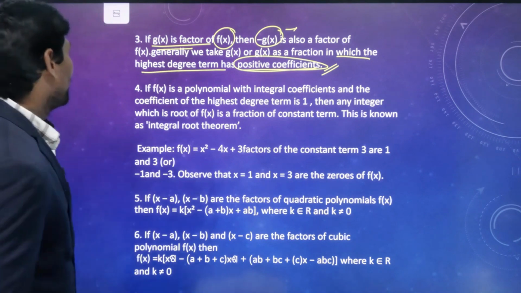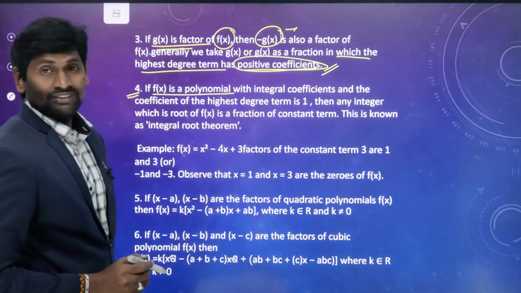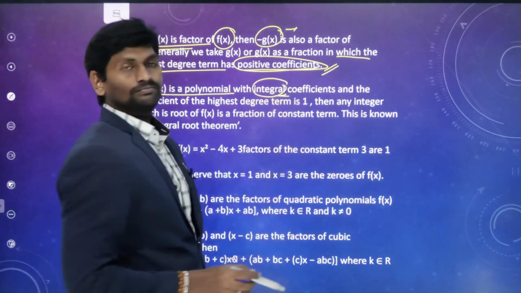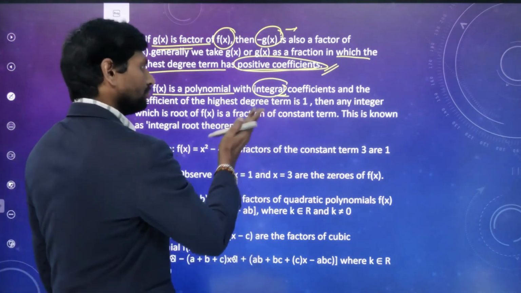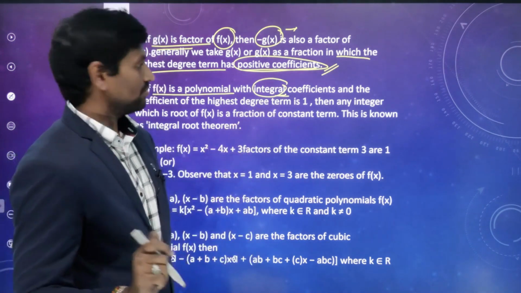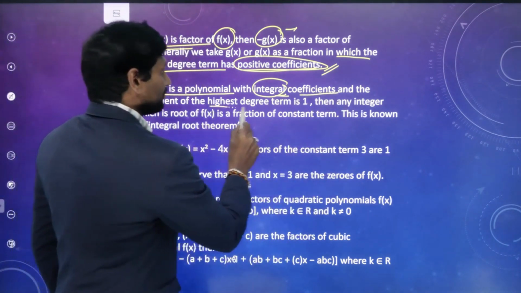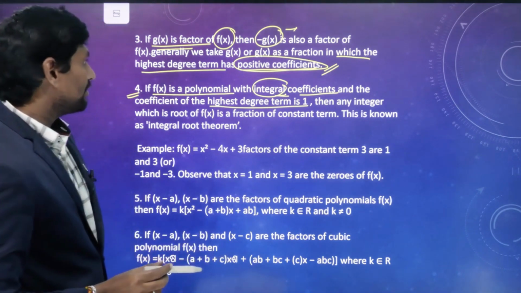Okay. Next, f of x is a polynomial with integral coefficients. Integrals are nothing but integers only. That means they can be positive numbers, negative numbers, or 0 also. And the coefficient of the highest degree term is 1.